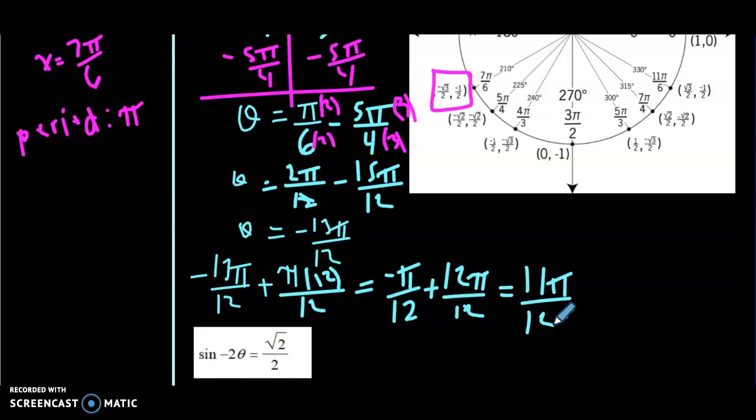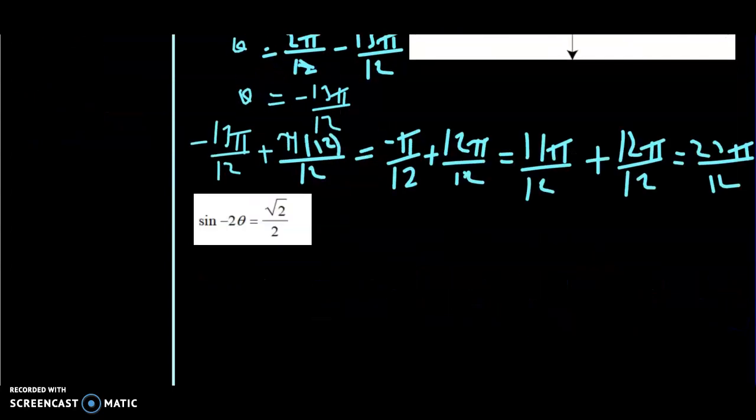So that's my first theta, 11 pi over 12. Now if I add 12 pi over 12 again, I get 23 pi over 12. So those are my two answers.